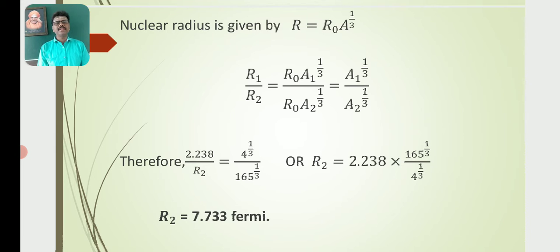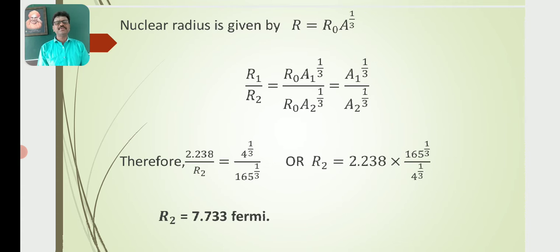Then substituting the values of R1, A1 and A2 given in the problem. So therefore 2.238 by R2 is equal to 4 to the power of 1 by 3 by 165 whole to the power of 1 by 3. So further, this can be written as R2 equal to 2.238 into 165 whole to the power of 1 by 3 by 4 whole to the power of 1 by 3.